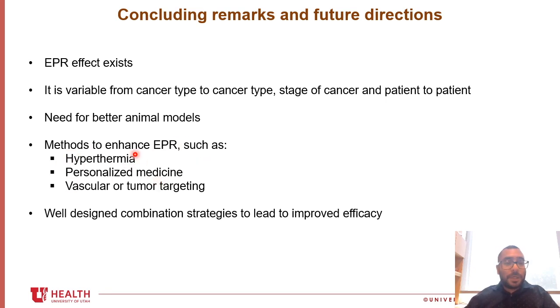So that's what we need to do moving into the future. And we need to come up with combination strategies where we can combine personalized medicine with other aspects like tumor targeting or hyperthermia, and this combinatorial effect can lead to improved efficacy.